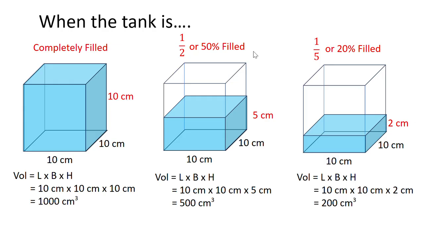Okay, so in this case, 1/5 of 10 centimeter is 2 centimeter, or 20% of 10 centimeter is 2 centimeter. So the volume of water is 10 times 10, multiplied by 2 centimeter, which is 200 centimeter cube. So although the tank is 1000 centimeter cube, the volume of water is only 200 centimeter cube.